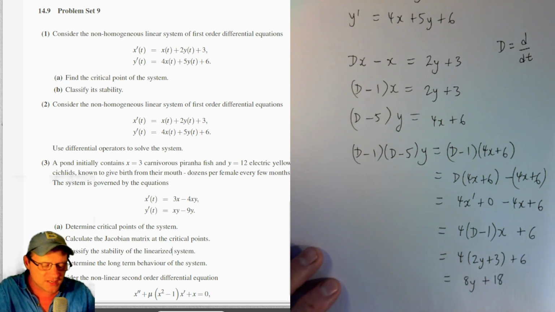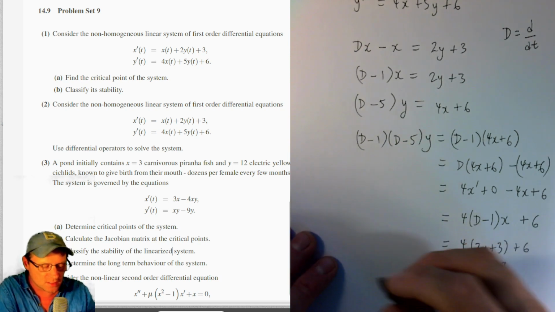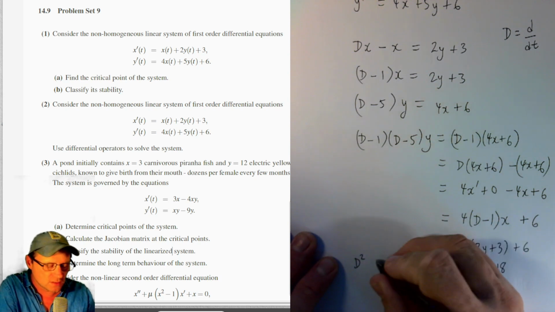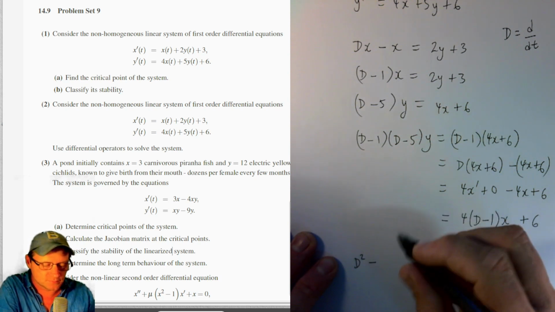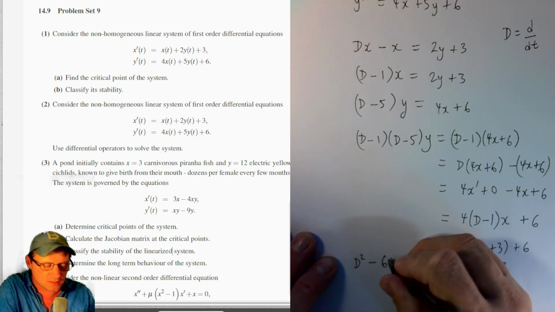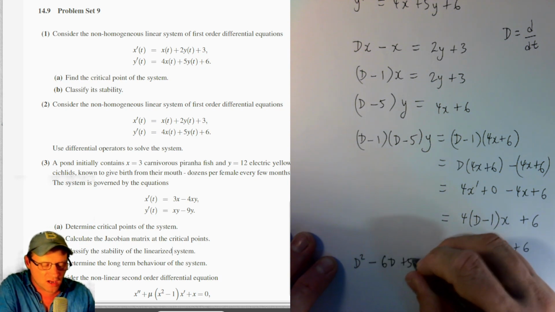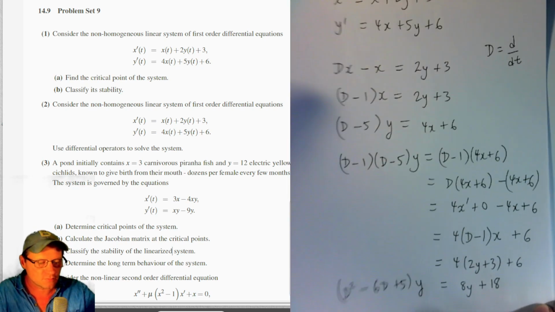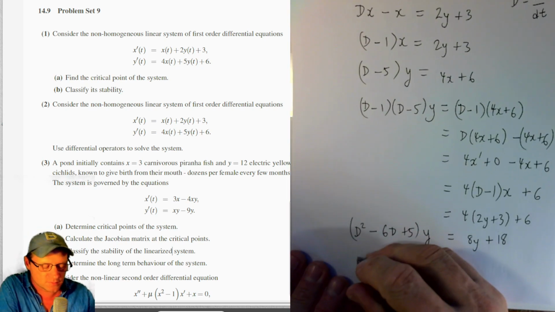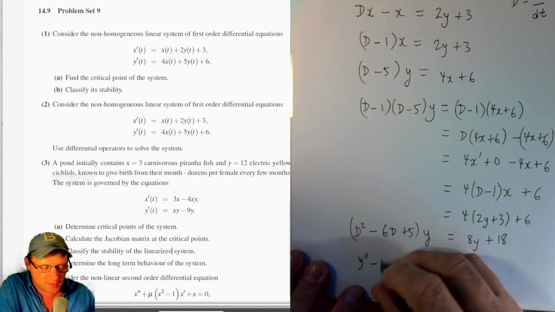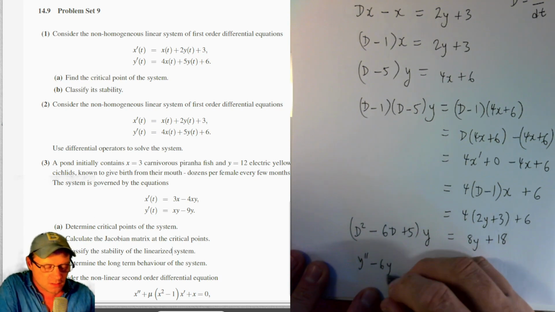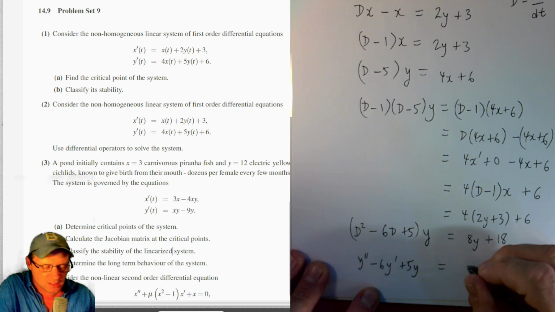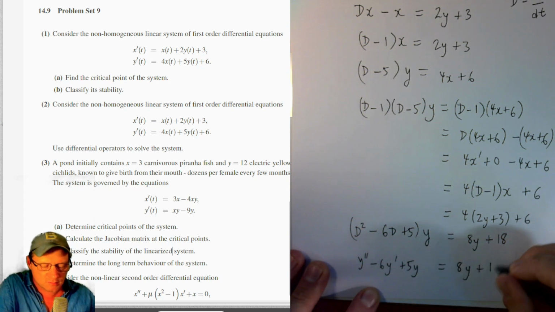And then on the left-hand side, expanding this, we have (D² - 6D + 5) applied to y, which we can write as y'' - 6y' + 5y, is equal to 8y + 18.